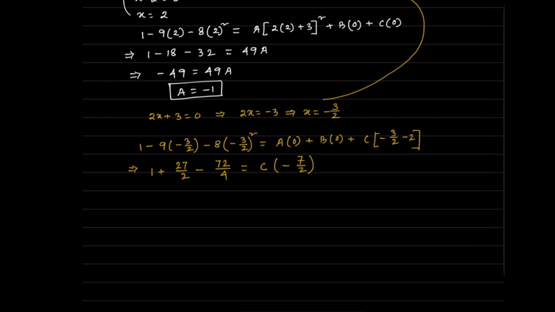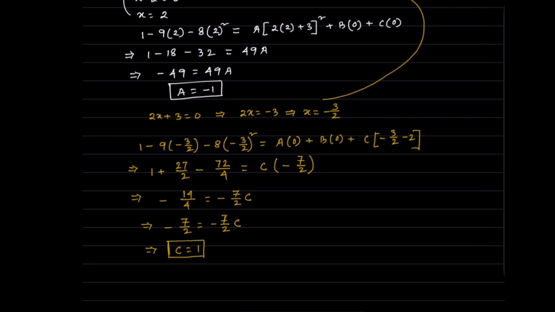If you calculate the left side on a calculator, you get minus 14 by 4. That equals minus 7 by 2 c. So finally, minus 7 by 2 equals minus 7 by 2 c, so your c should be 1.